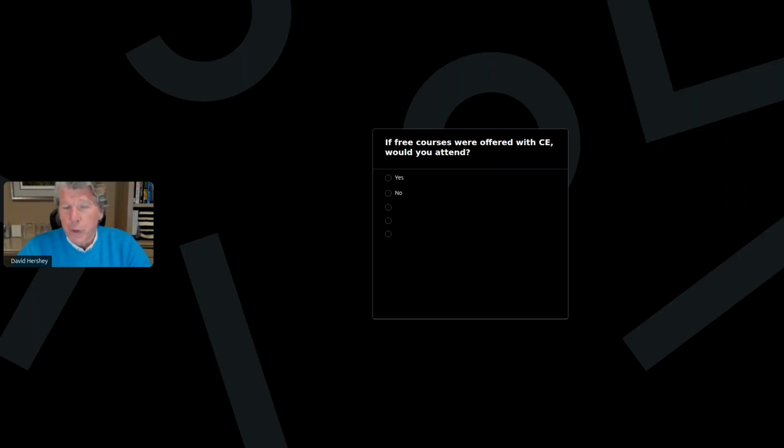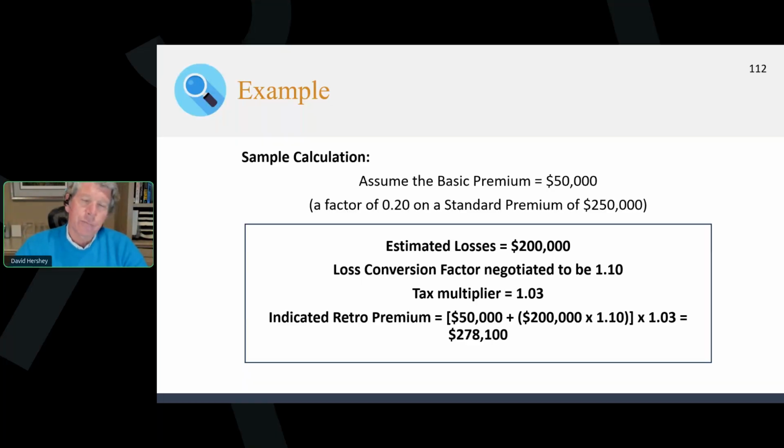If the loss pick from one insurance company is 100,000 and the loss pick from another insurance company is 300,000, who's going to have the better number? I'm going to be asking a bunch of questions here because this is the tough part. Yeah, Kendall, you got it, 100,000. And why? Because they're understating the actual loss pick. So there's a lot of opportunity to manipulate the numbers.